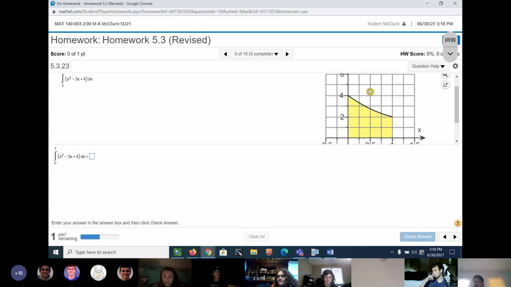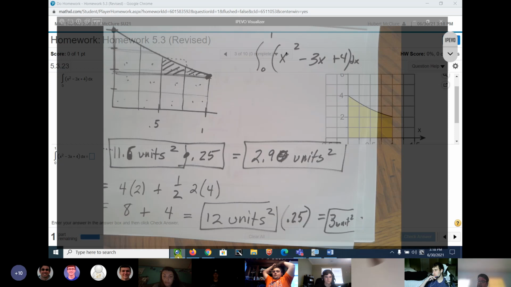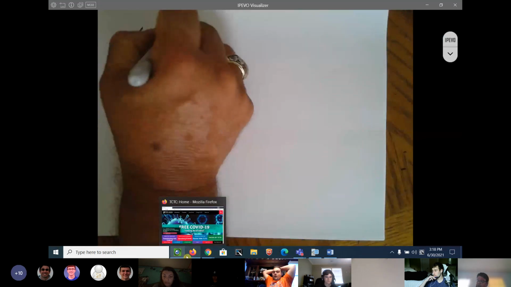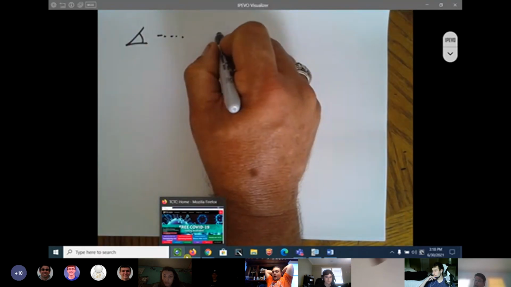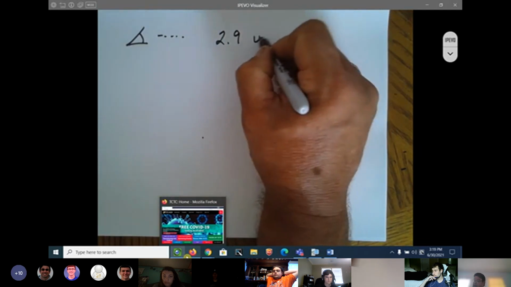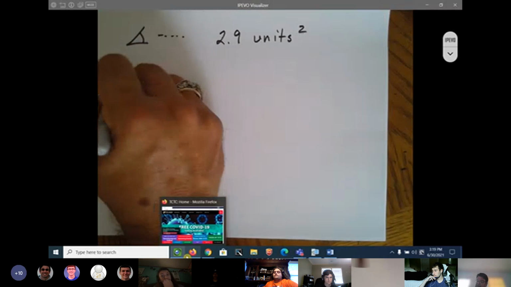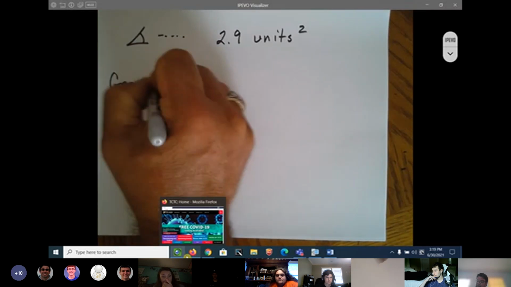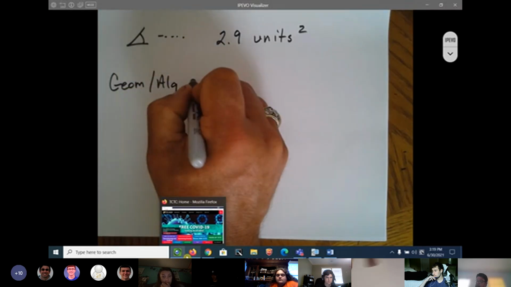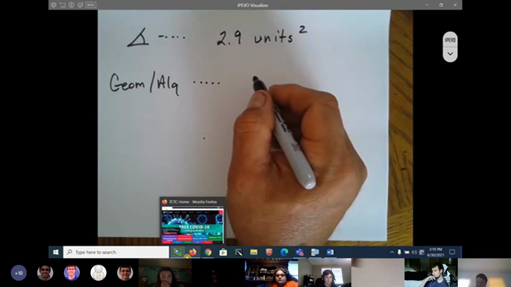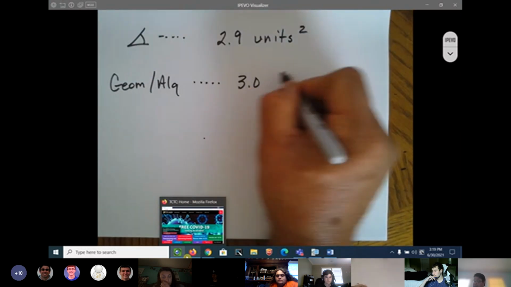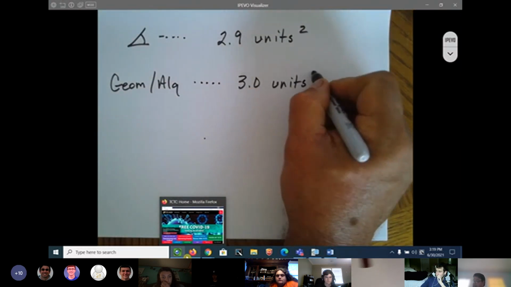But as you can see, and this is the whole point of doing this, by eyeball I got 2.9 square units. By geometry and algebra, I got 3.0 square units.